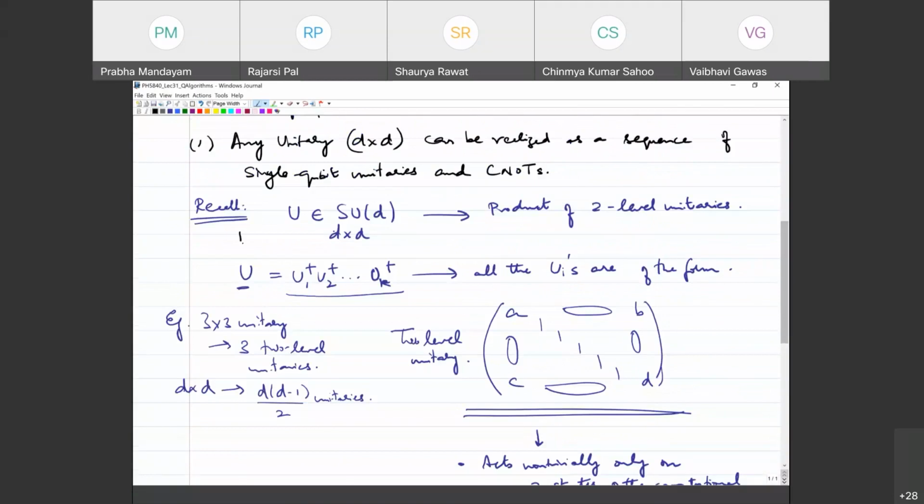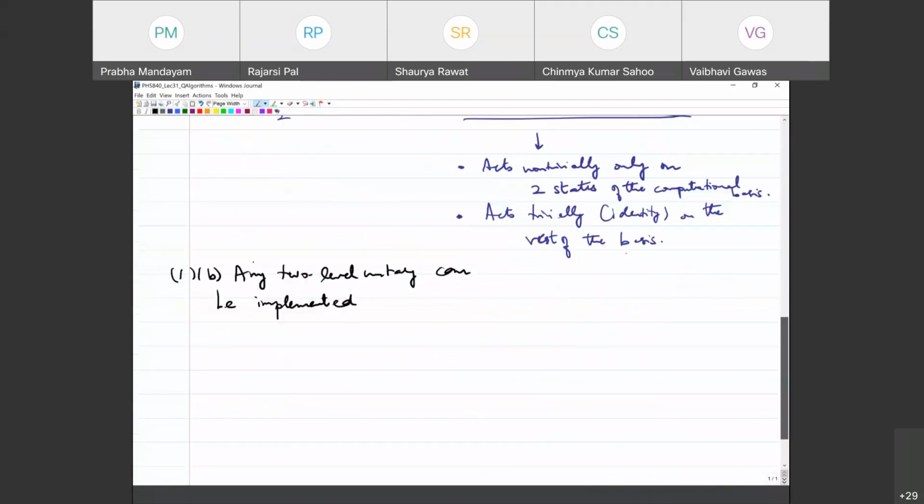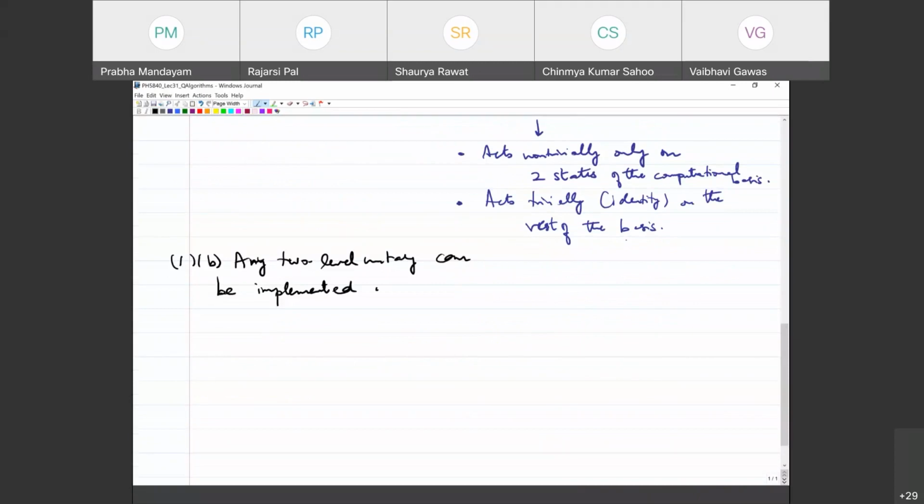Then I have a 1B, which is that any two-level unitary can be implemented using C-NOTs and single qubit unitaries. So let's show this by an example.